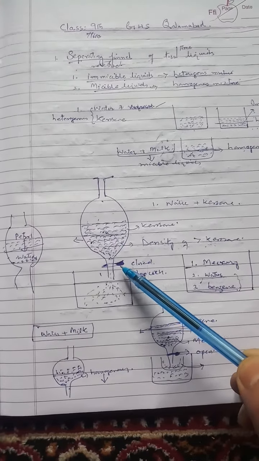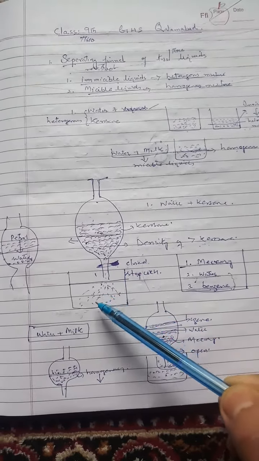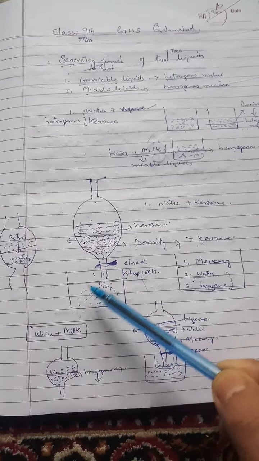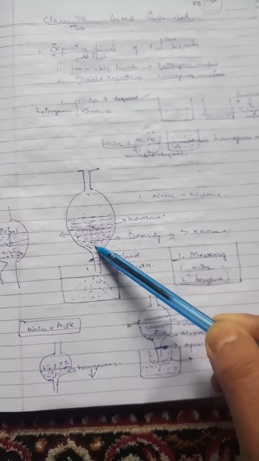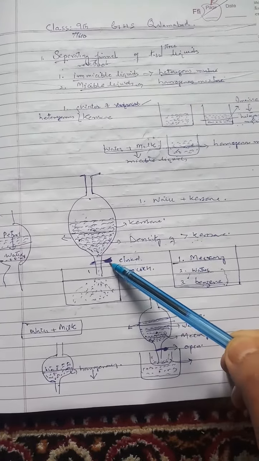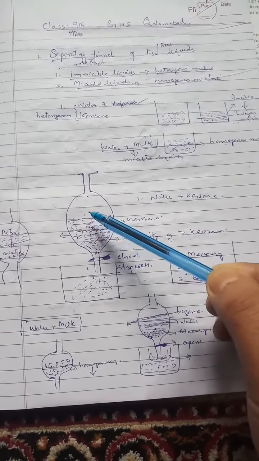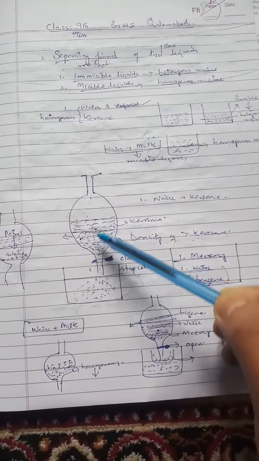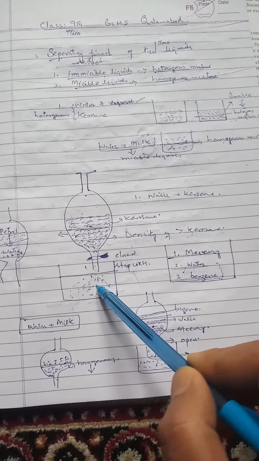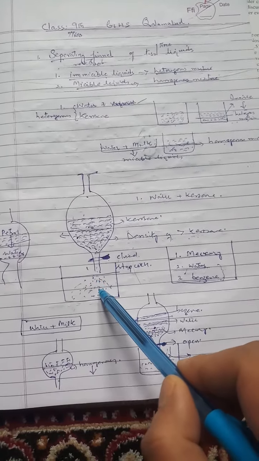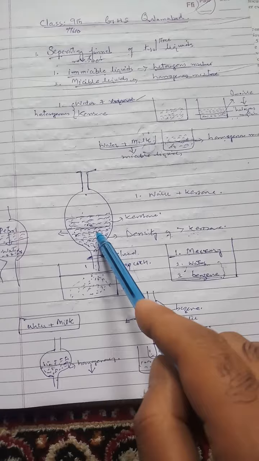When we open the stopcock, the water is drawn out of this. As soon as all the water is drawn out, we keep the stopcock closed. In this way, the kerosene remains in the separating funnel and the water is collected in the beaker. In this way, we have separated the water and kerosene mixture by the separating funnel method.